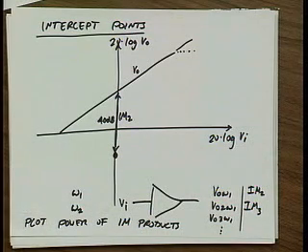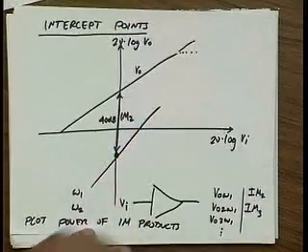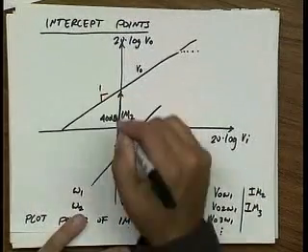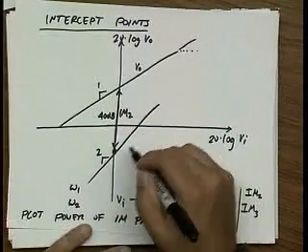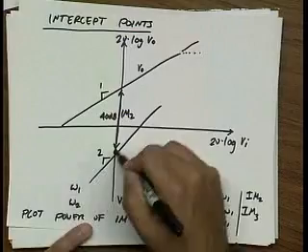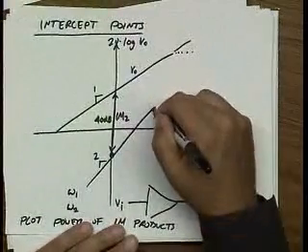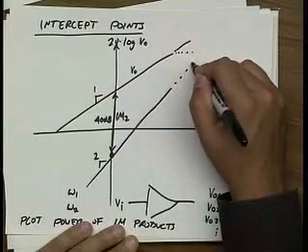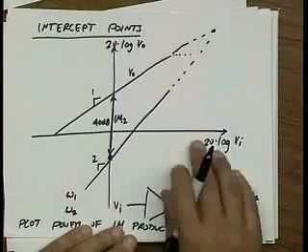Well, if we're talking about IM2, we know that IM2 is proportional to the square of the input power, right? So if I were to plot this on the same plot here, if this slope were 1, this slope would be 2. So I find that my intermodulation term grows faster than my input. And eventually, if I make my power large enough, these 2 points will intersect.